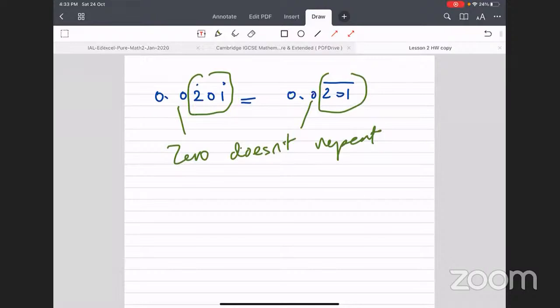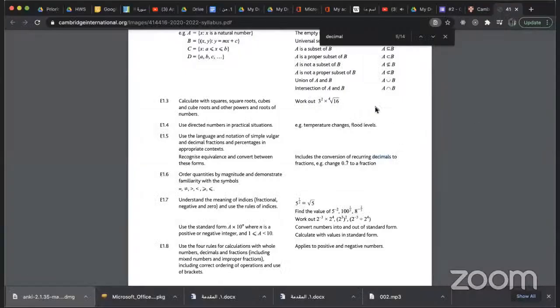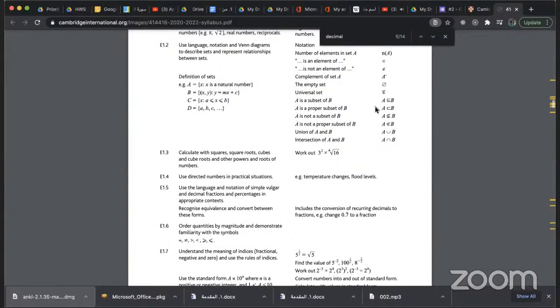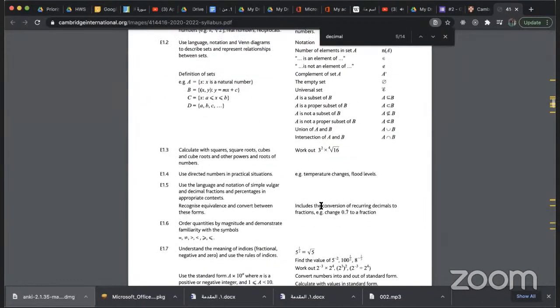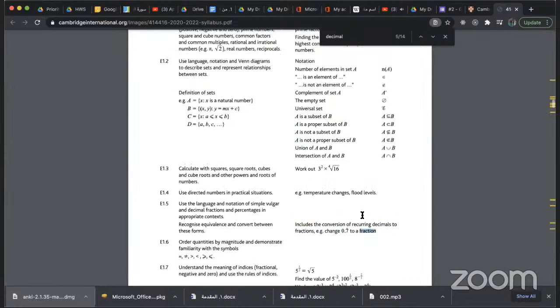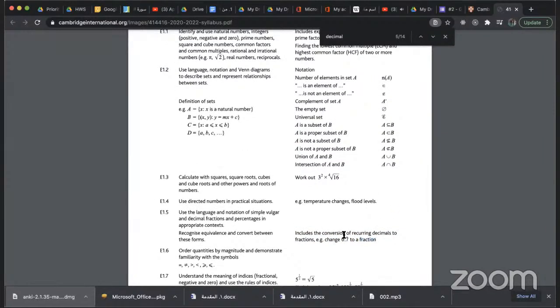So let me share the screen on my computer. So yeah, here it is. As you can see, it includes the conversion of recurring decimals to a fraction. So this is the syllabus, so it will come in your exam.